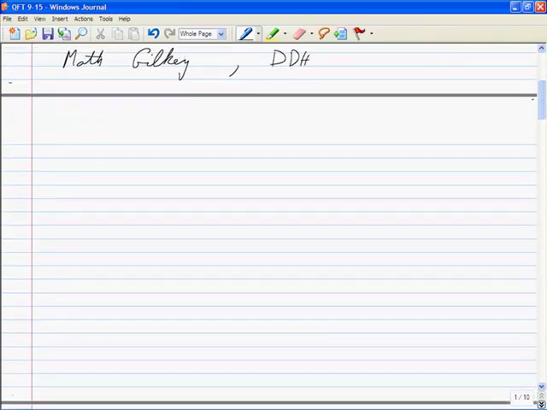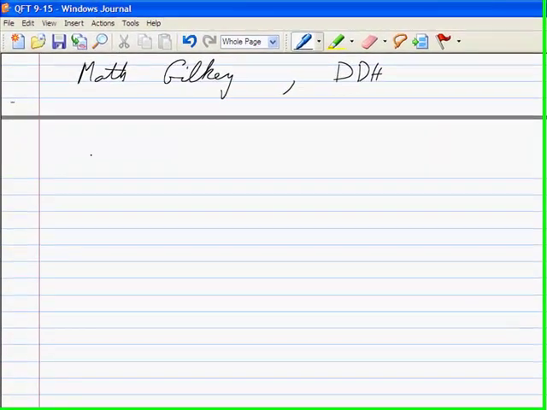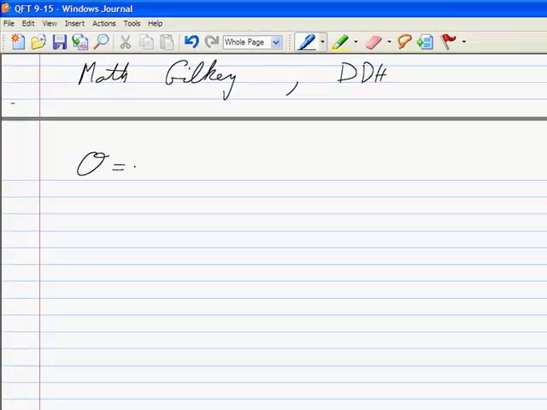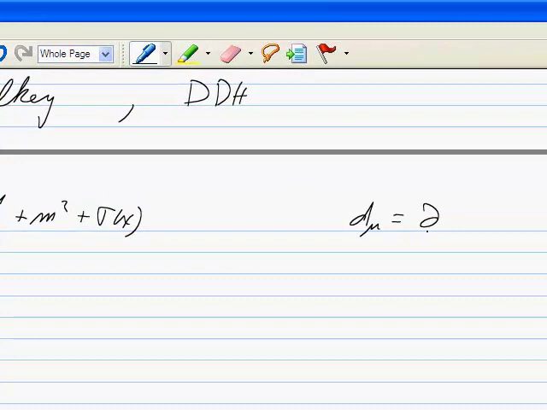So let's do an example. If the operator is D mu squared plus m squared plus sigma of x, okay, with D mu being partial derivative plus gamma mu.